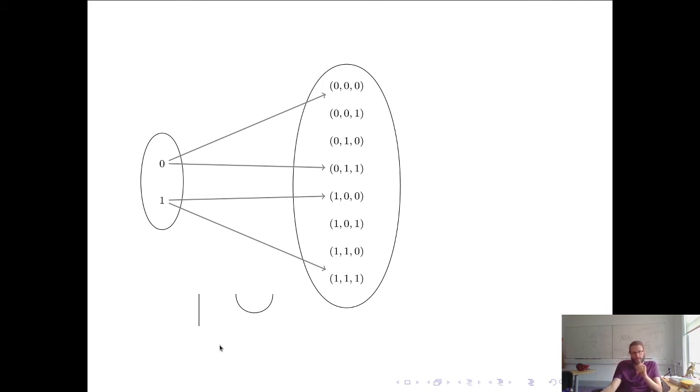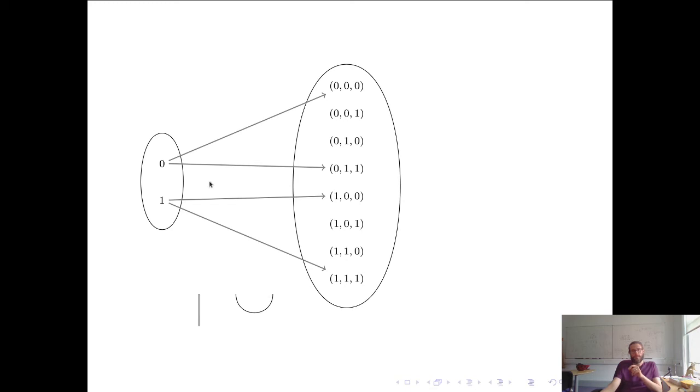So here's the picture I'm looking at: one input bit and 3 output bits, 1, 2, 3. I take my input bit and send it straight through, and my other 2 bits I put into a cup state, or a twin state.